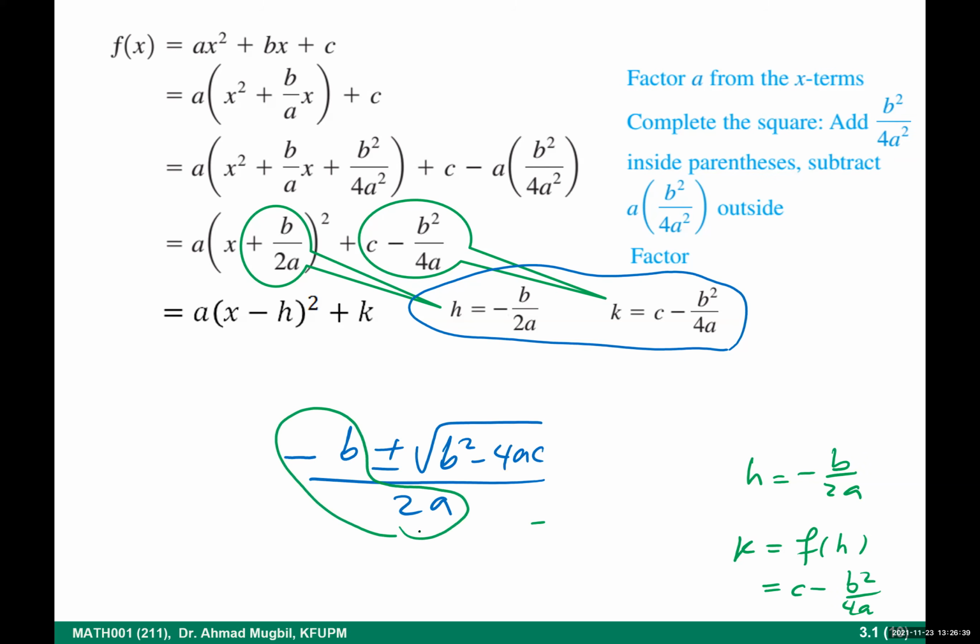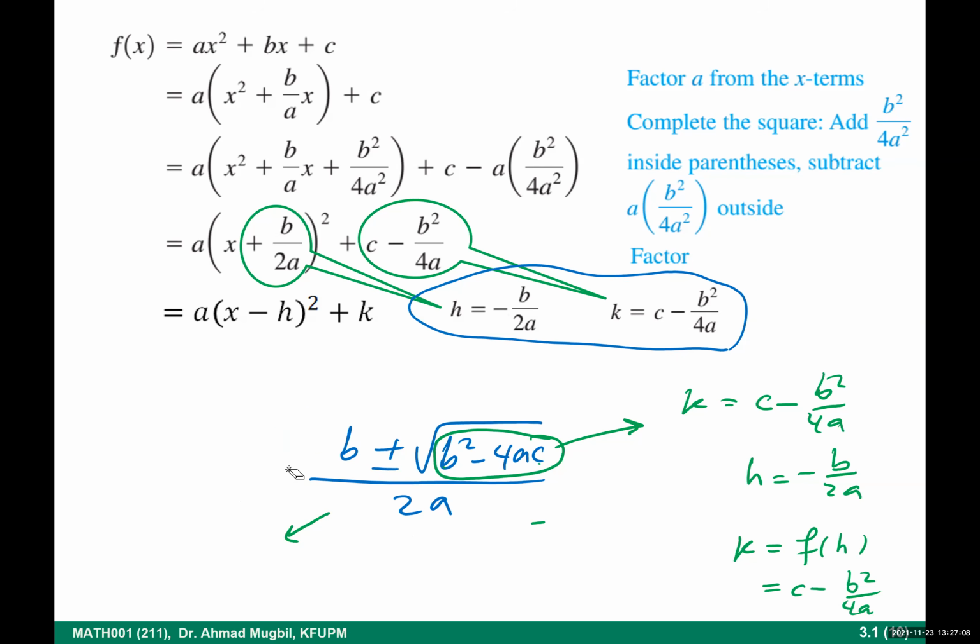What is this? This is h. What you have here will remind you about k. K is what? C minus b squared over 4a. The same component. Of course, it is informal, but the same components remind you about k. But again, you need to memorize only h. If you have it, you will have k.